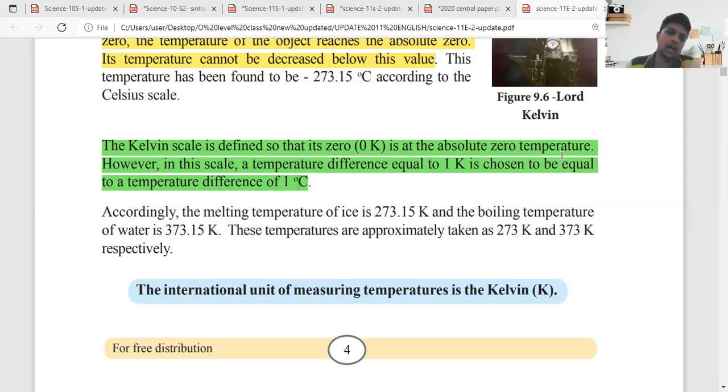Let me say it once more. The Kelvin scale is defined so that it's 0, it means 0 Kelvin is the absolute zero temperature.